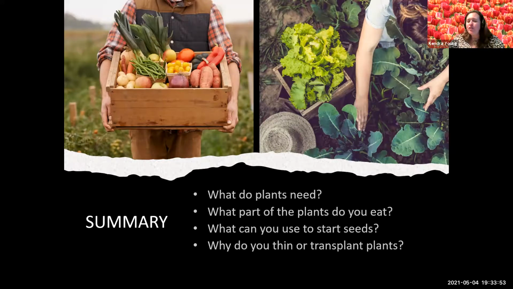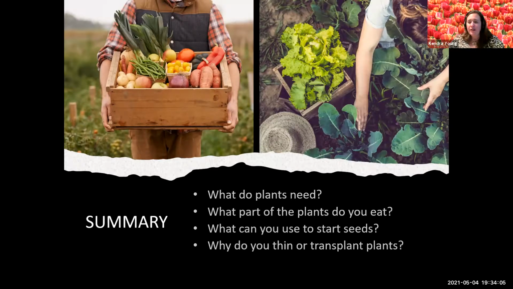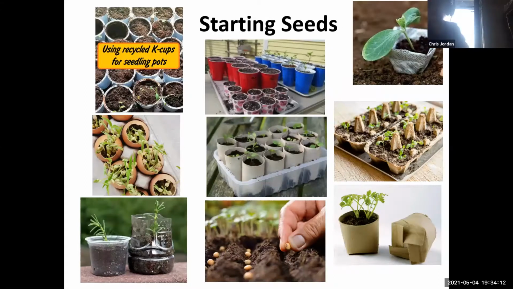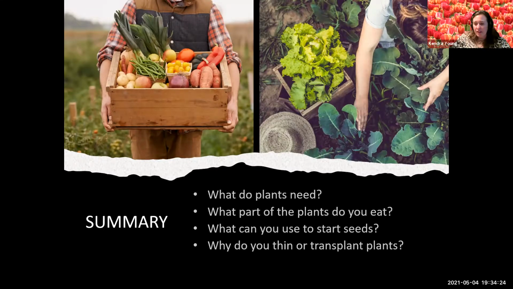And what can you use to start your seeds? Remember that picture I just showed? You can make your own pot. You can start the seeds in lots of different things.